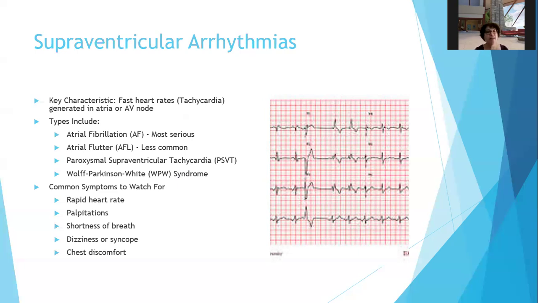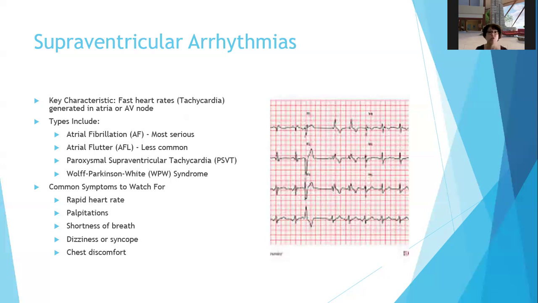There are several different types, and I don't expect you to know all of them, but we do know from when we talked about strokes that atrial fibrillation can lead to blood clotting, and that can lead to a stroke or a myocardial infarction if the atria sends out a clot and it happens to end up in the right place.